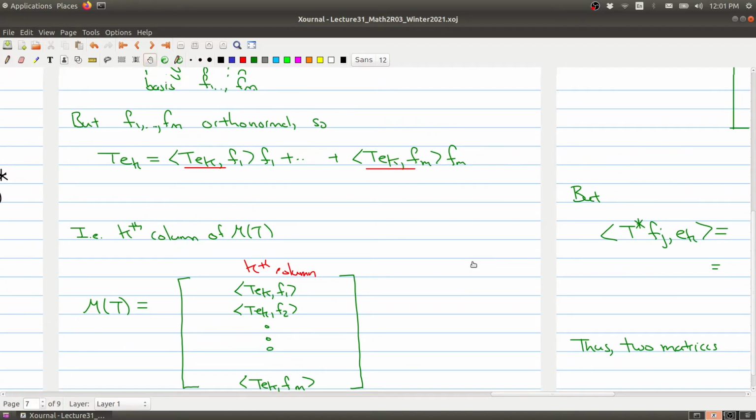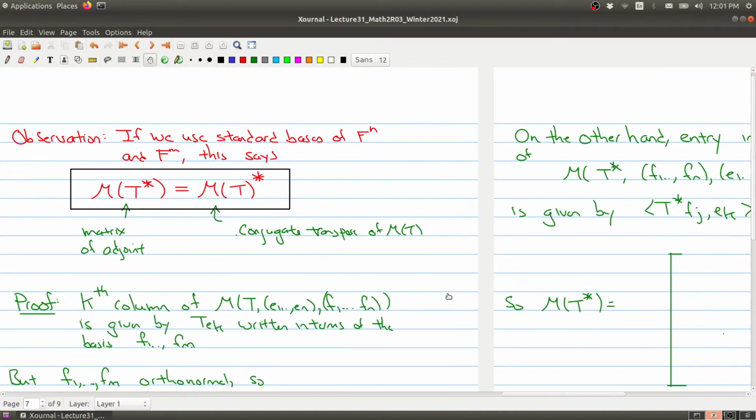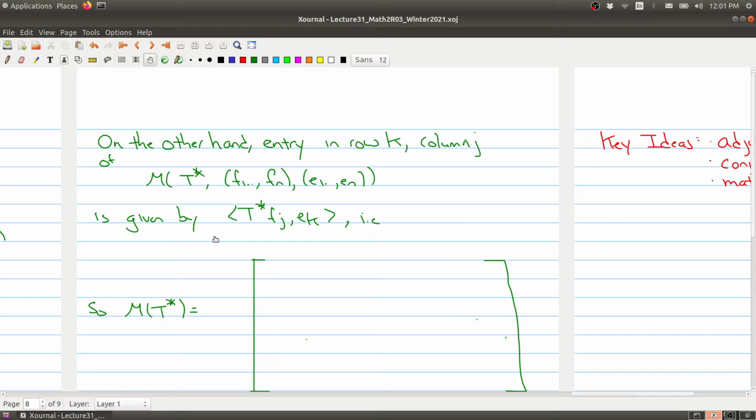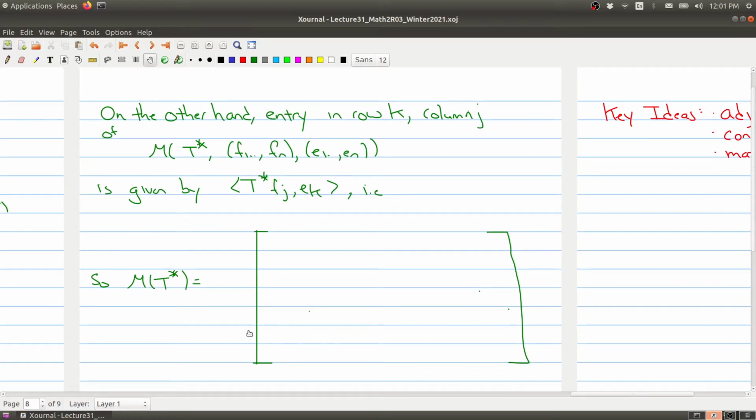Okay, so now let's go to the adjoint matrix. On the other hand, the entry in row k, column j of this matrix is given by this particular value right here. It's given by the inner product of T star Fj and Ek. Let me write that out in terms of the matrix.